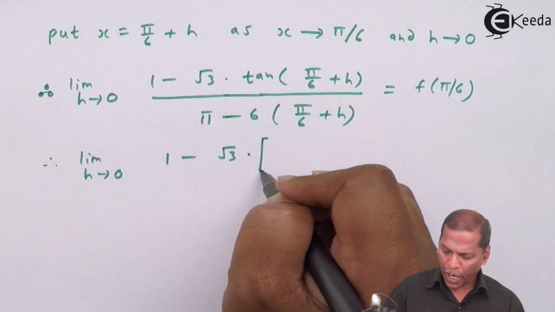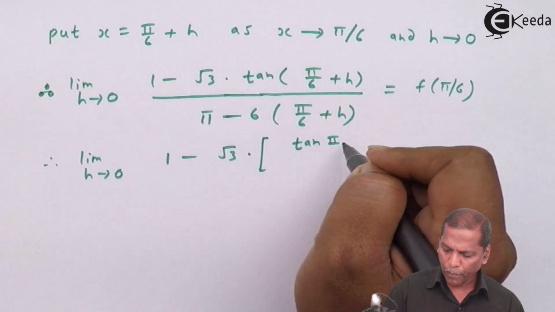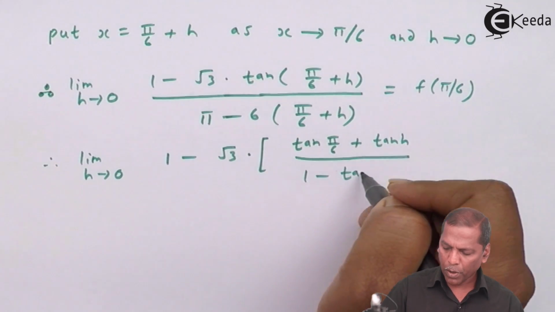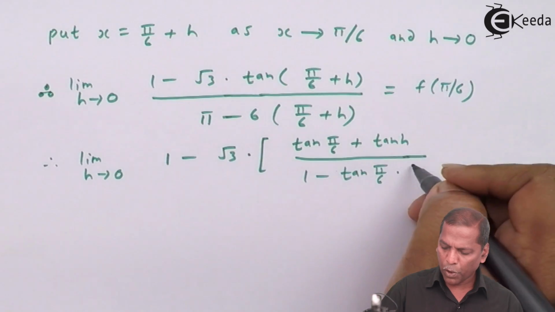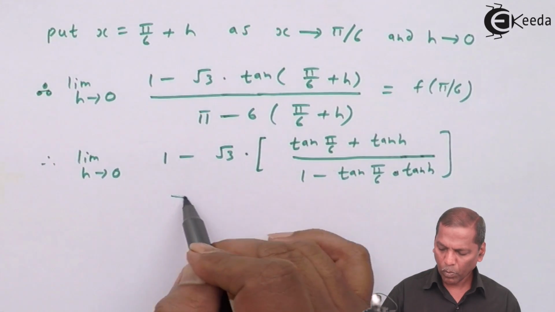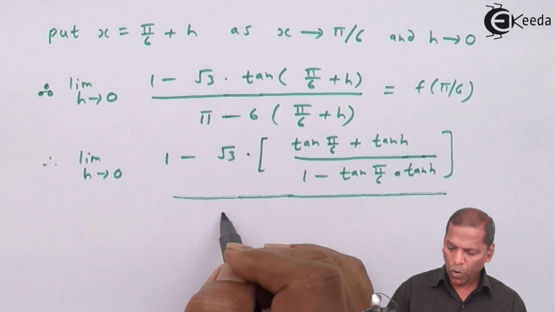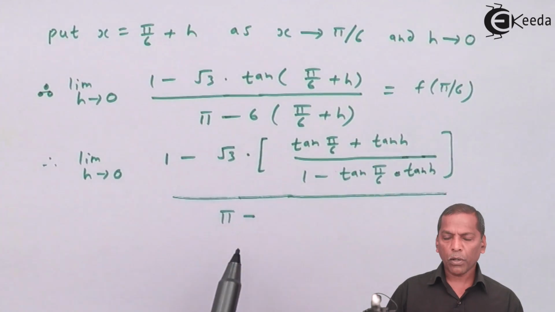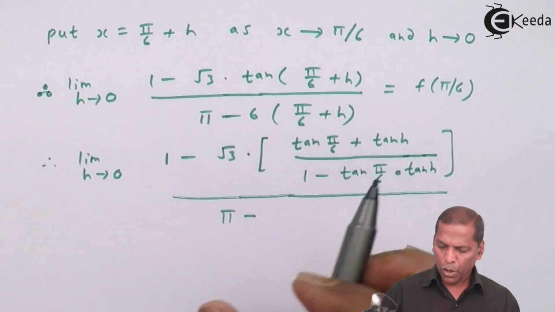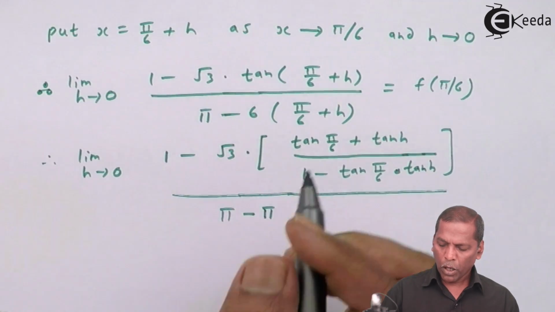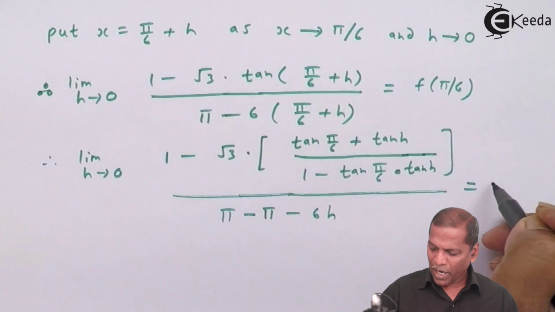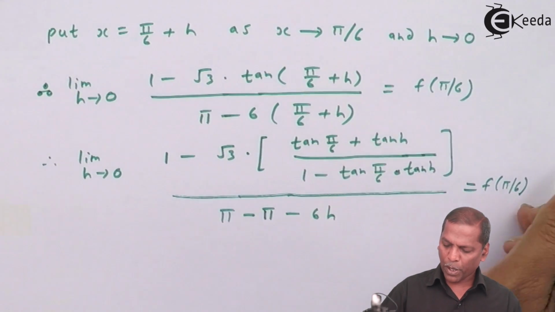So we have in bracket tan of pi by 6 plus tan of h whole thing divided by 1 minus tan of pi by 6 into tan of h, bracket complete, then upon pi minus 6 into pi by 6, so 6 cancels from numerator and denominator, so we get only minus pi, then minus 6 into h which gives us minus 6h, and that is equal to finally f of pi by 6.